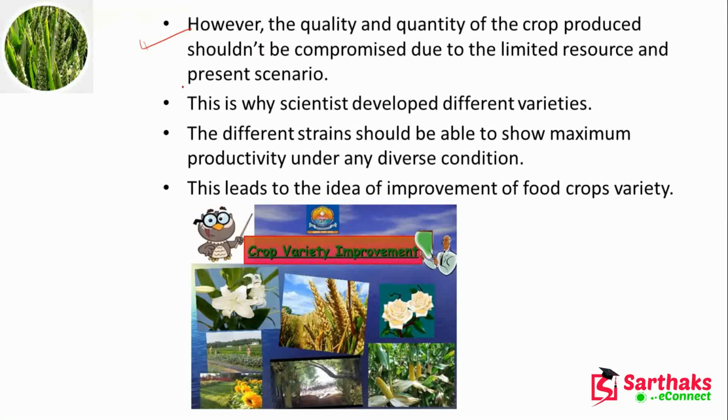And the quantity also: if there is a high demand and you do not fulfill that demand, they will not buy your cultivated crops. So this is why scientists develop different varieties. The different strains should be able to show maximum productivity under any diverse conditions. This leads to the idea of improvement of food crops.